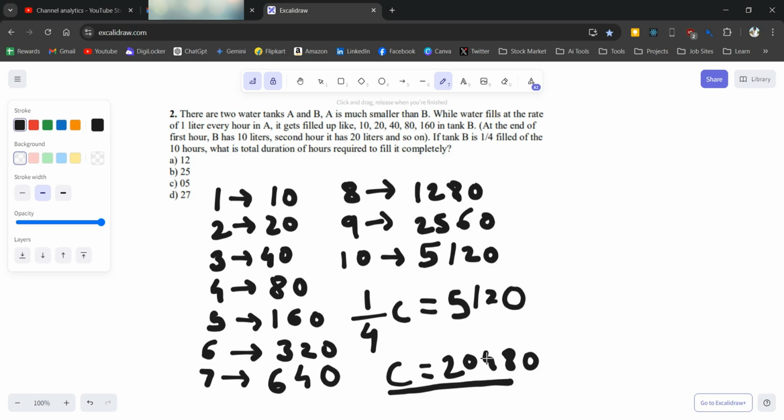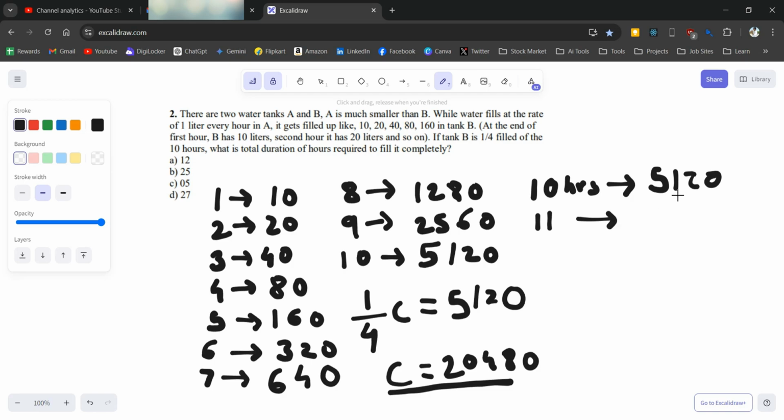Now what we have to find is the total duration of hours required to fill it completely. So it is filled 1 by 4, right? So after 10 hours, it becomes 5120 liters. We have already got that over here. Then after the 11th hour, it will double.